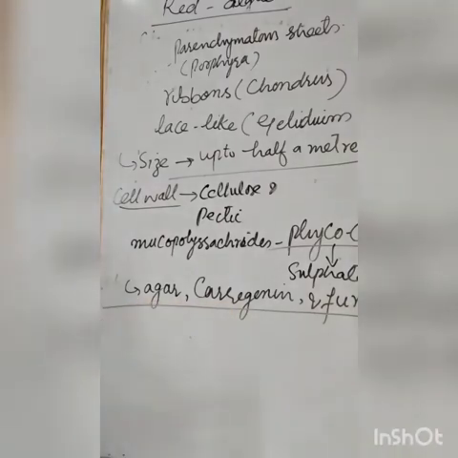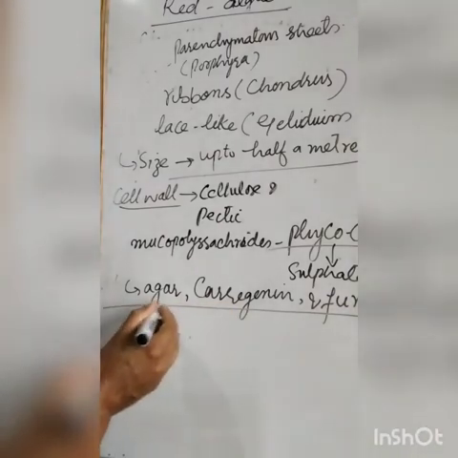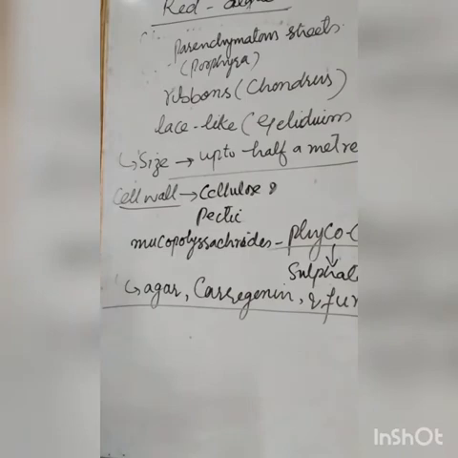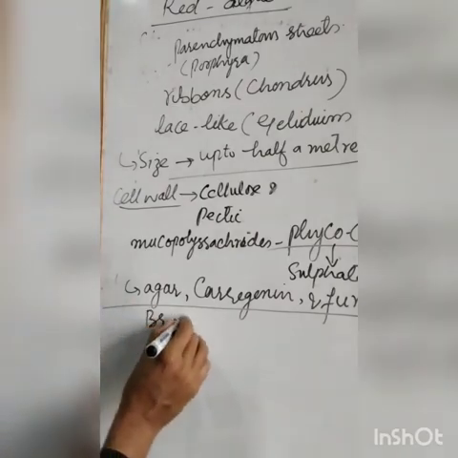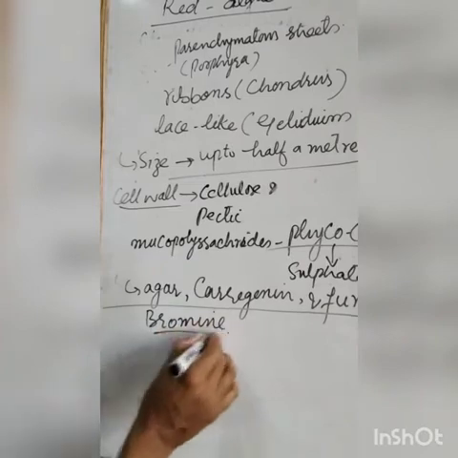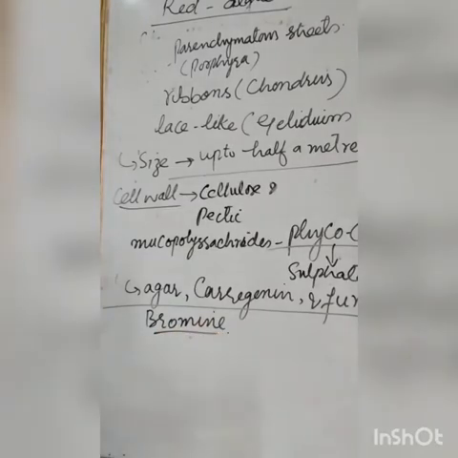These phycocolloids are derived from red algae. Sometimes they also yield bromine, which is derived from some algae.